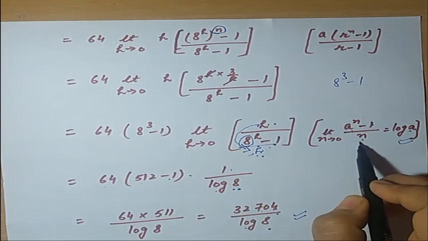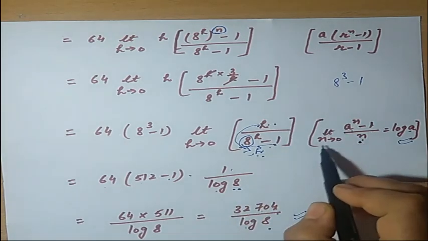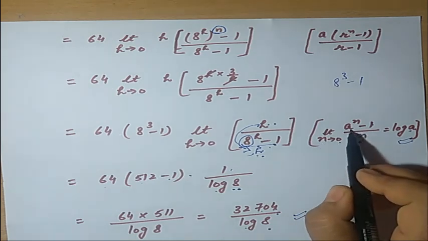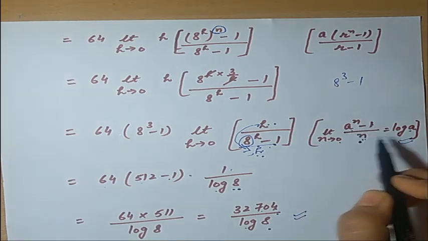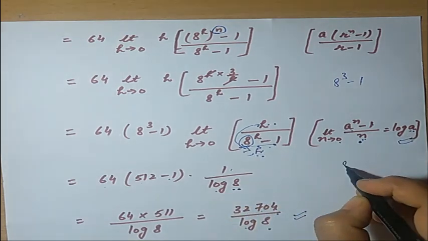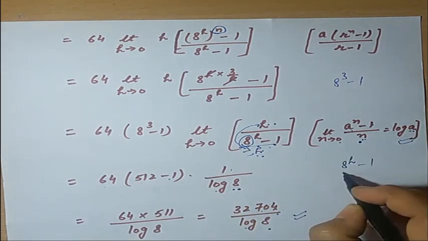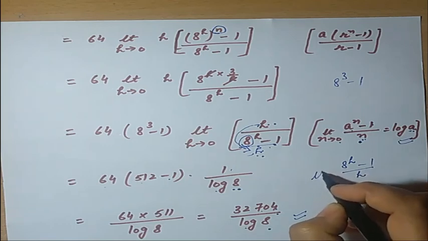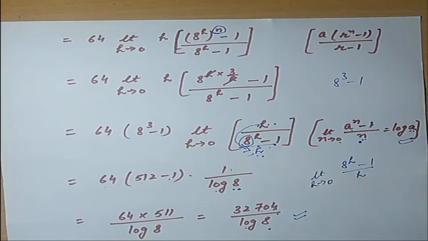We have an identity for the limit here: limit n approaches to 0, a raised to power n minus 1 upon n is equal to log a. Same identity is there: 8 raised to power h minus 1 upon h, limit h approaches to 0.